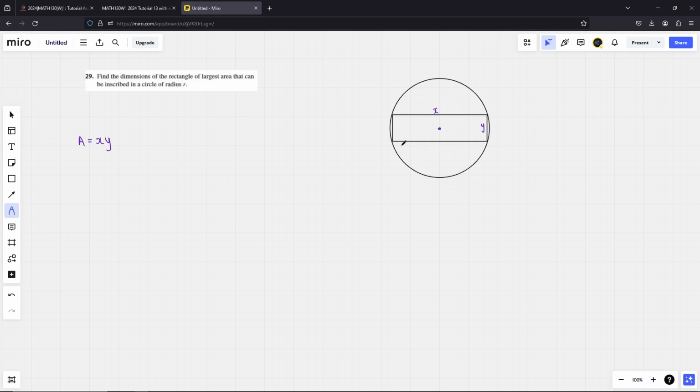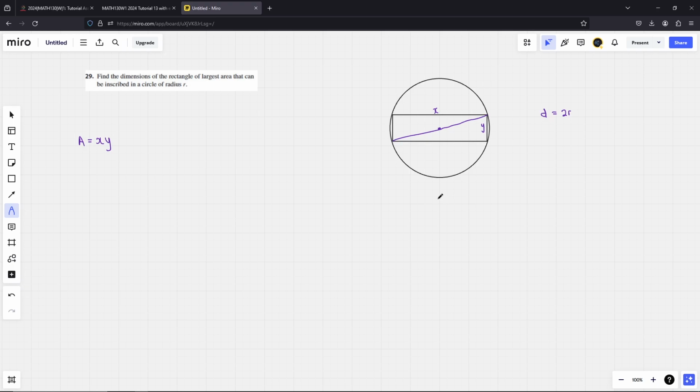Okay, now what I can do is draw a diagonal for my rectangle, and what we can notice is that I've drawn a diameter, or we can say 2 radii, because we know that the diameter is equal to 2 times the radius.